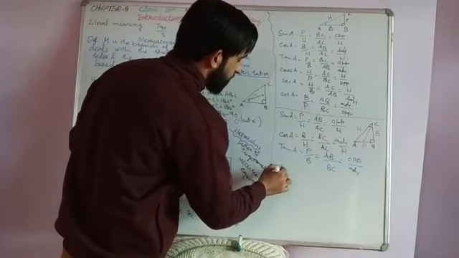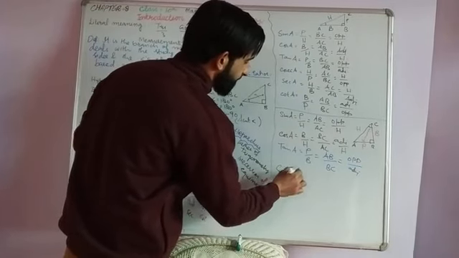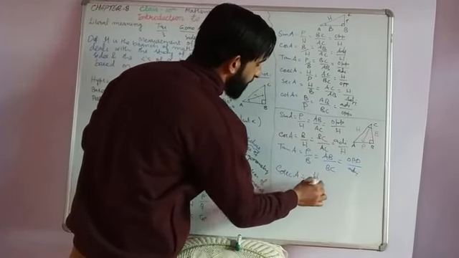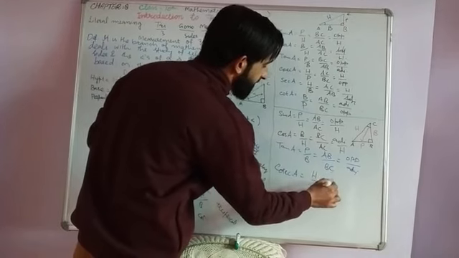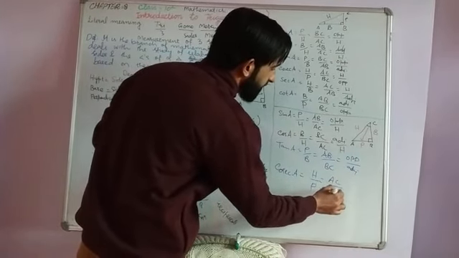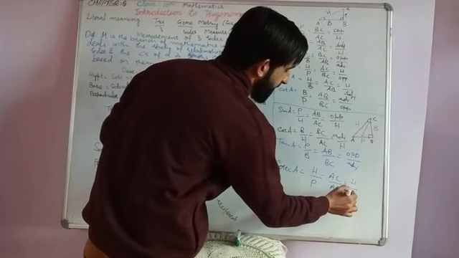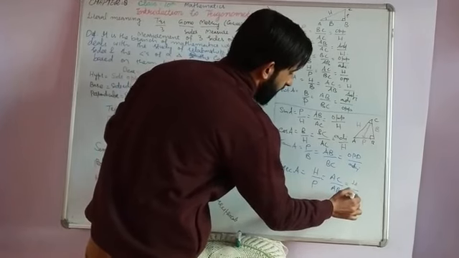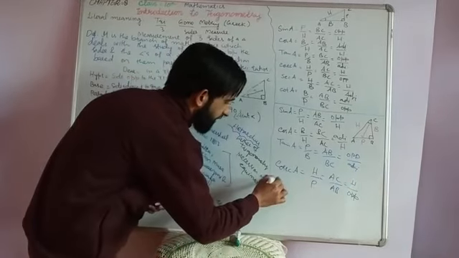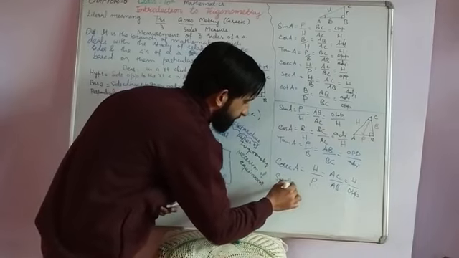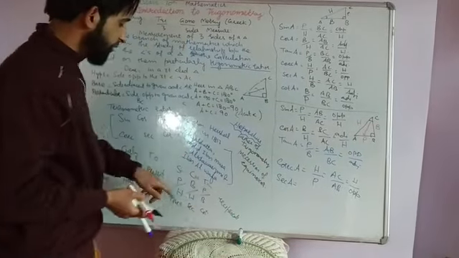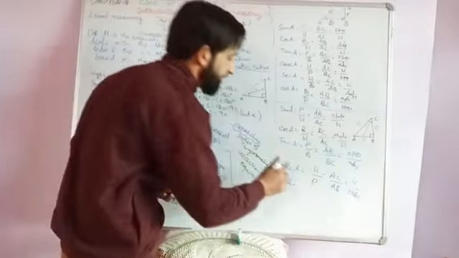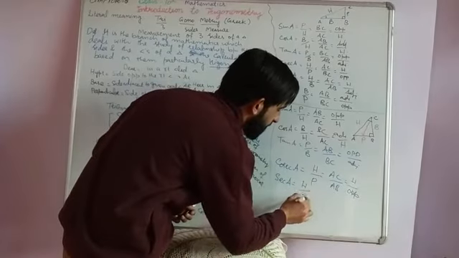Now cosec is equal to hypotenuse divided by perpendicular, that is AC by AB, that is hypotenuse divided by the opposite side. Similarly, sec is equal to hypotenuse divided by base.